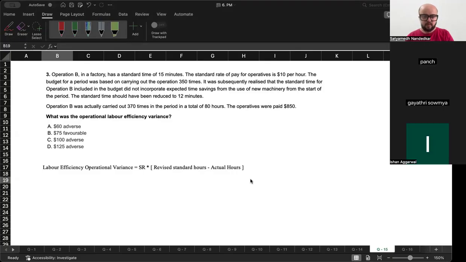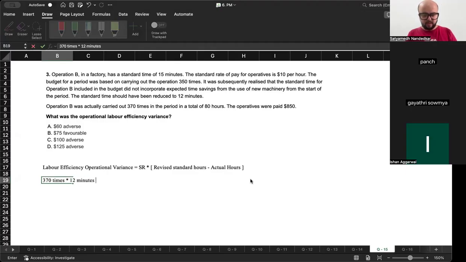Now, if you do it 370 times into 12 minutes, how many minutes is that? 4440 minutes. ठीक है. And these are revised standard hours. And 80 hours into 60 minutes, 8 6 are 48, is actual hours.